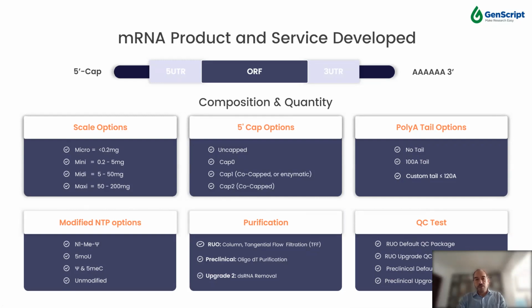We offer the use of modified NTPs. We offer different types of purification, silica or oligo-dT. We offer different QC tests for different grades that we can produce. We have customized QC packages for each quality grade. Of course, those are also customizable to your needs.